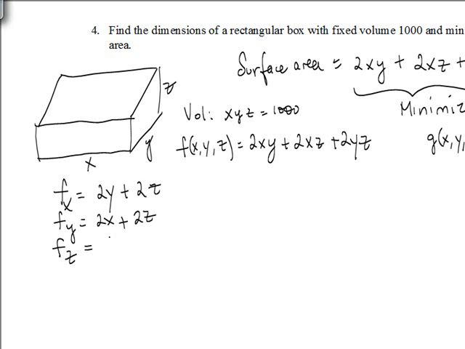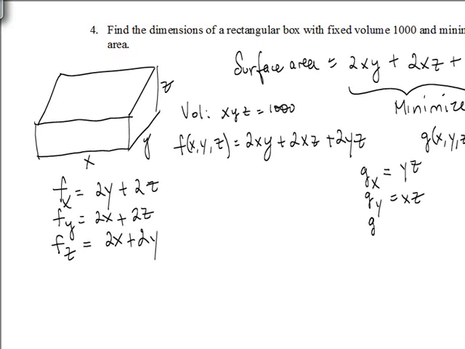With respect to z is 2x plus 2y. Partial of g with respect to x is yz. With respect to y is xz. With respect to z is xy.